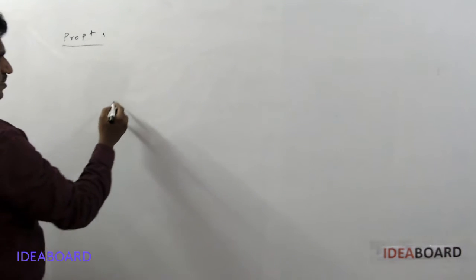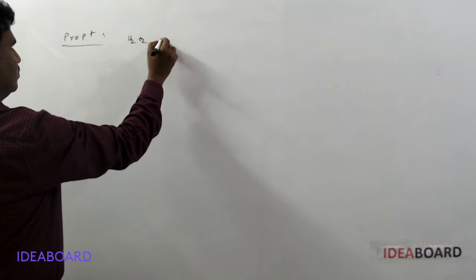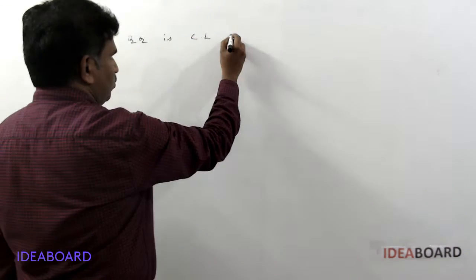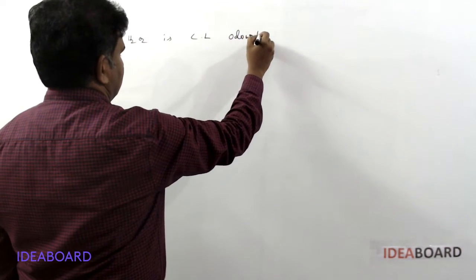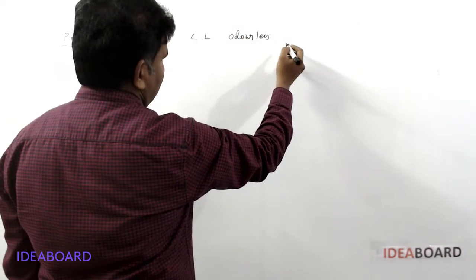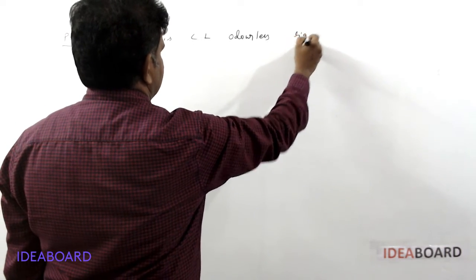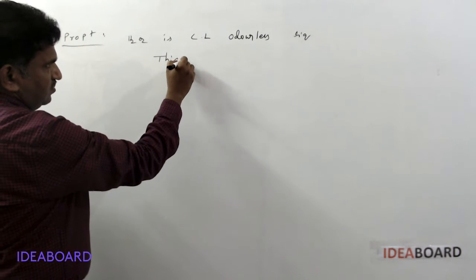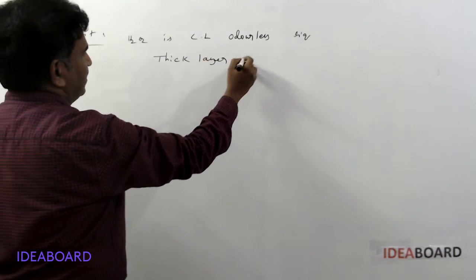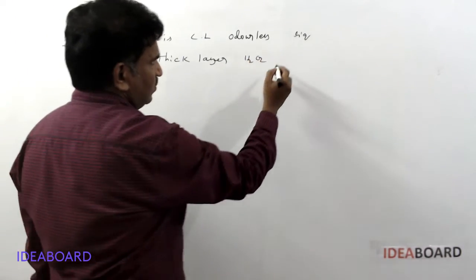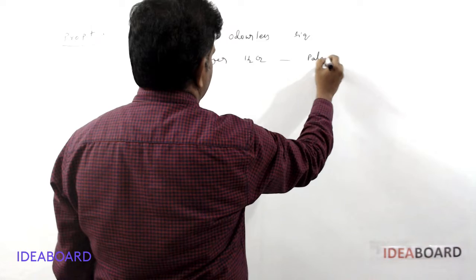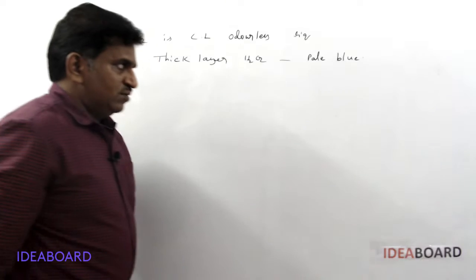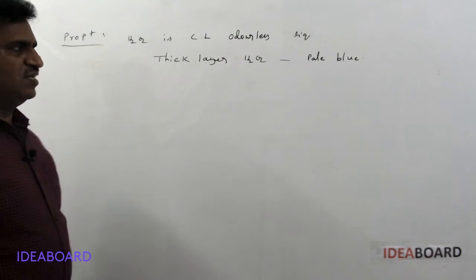In the properties of hydrogen peroxide, H2O2 is actually a colorless, odorless liquid, but if thick layers of hydrogen peroxide are taken, it looks pale blue, a light blue color, when the thick layers of hydrogen peroxide are observed.